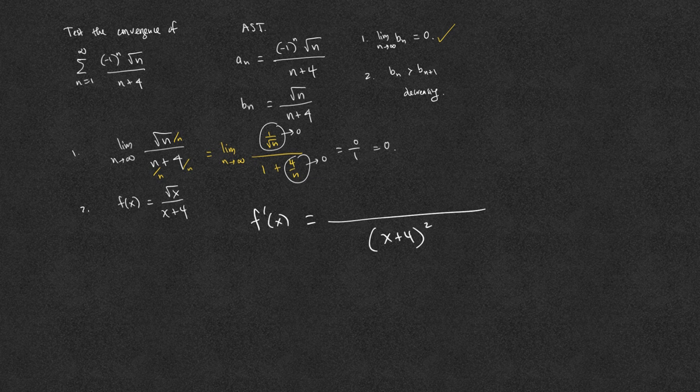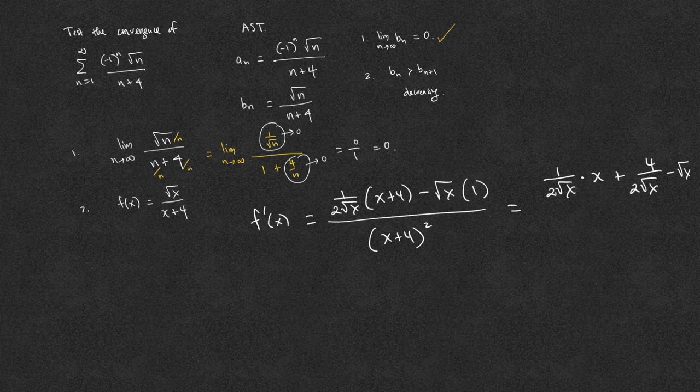The derivative of the numerator is 1 over 2 root x times the denominator x plus 4, minus, keep the numerator, and we multiply the derivative of the denominator, which is 1. This is 1 over 2 root x times x plus 4 over 2 root x minus root x.